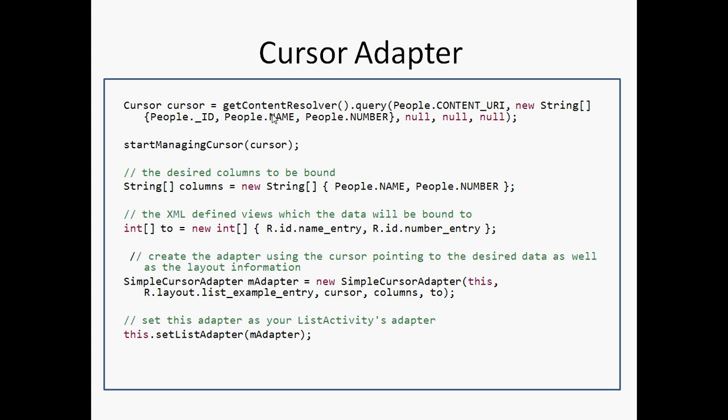Here you have passed people._id, people.capital name and people.number, so while executing this query, you will get these three columns as a result set in the cursor object. Now we have called start managing cursor, passing the cursor as a parameter.